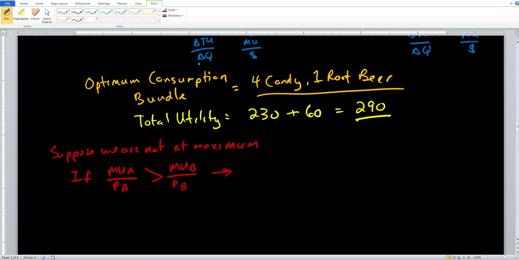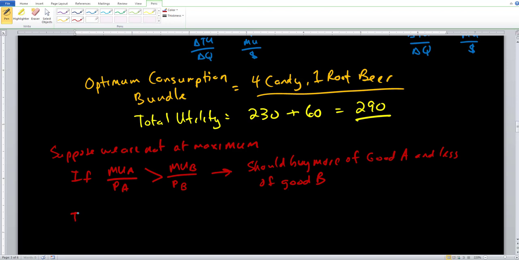So as we've already noted in this case right here, you should buy more of good A and less of good B, just in order for us to utility maximize and find the optimum consumption bundle.